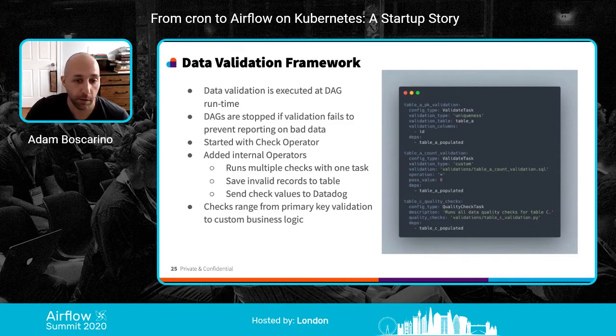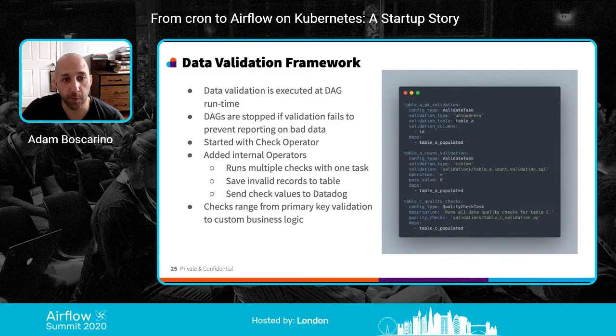So the on-call engineer can come in and immediately see what happened and be able to resolve the issue faster. We've also started pushing check values to Datadog with the hopes of using its anomaly detection tools. So if we see that a value is always 1 and now it's 2,000, it might be greater than 0, so it passed the validation check, but that's an outlier. We want to be alerted to that and make sure that that's actually a reasonable thing.